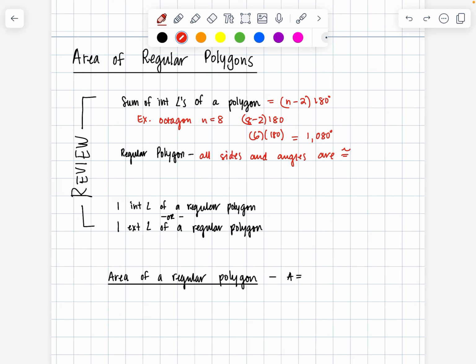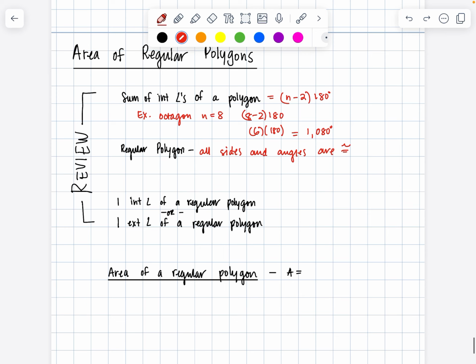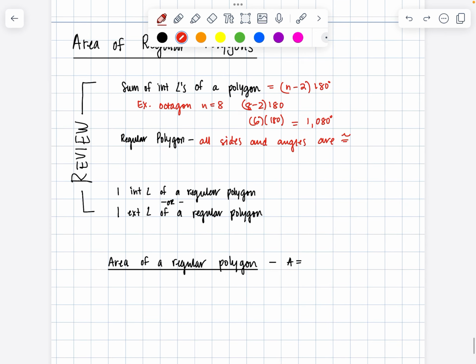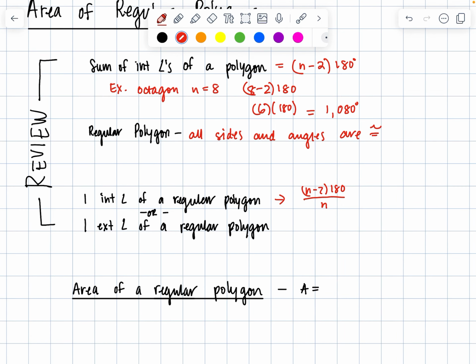Here, let's do this. The normal equation would go as follows. One interior angle of a regular polygon would be equal to n minus 2 times 180. So that's still the typical equation for solving for the sum of the interior angles, but we divide it by the number of angles there are in that polygon.